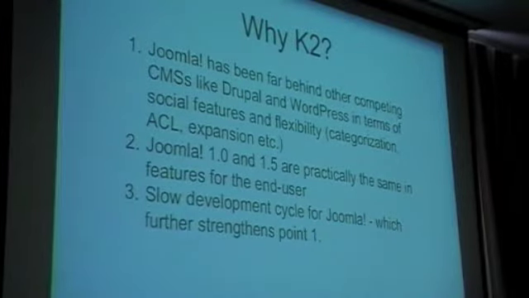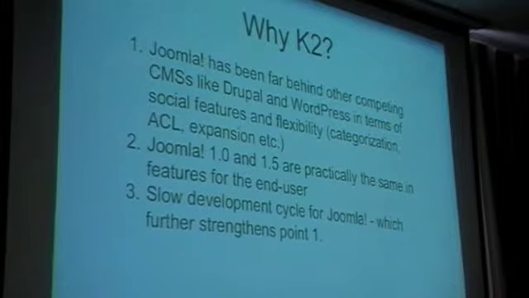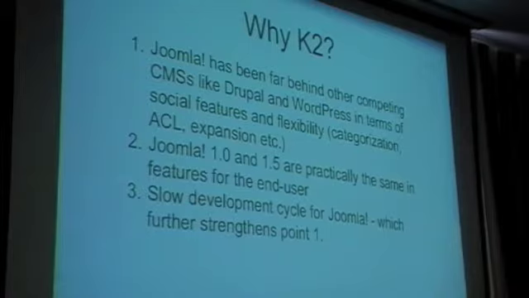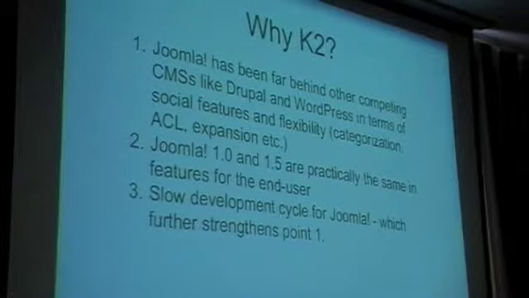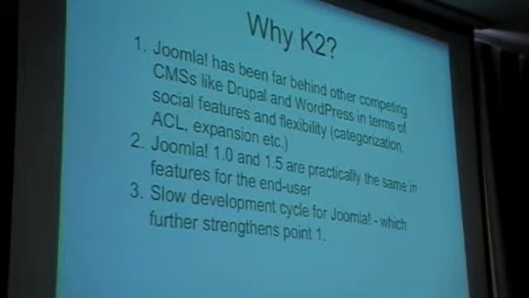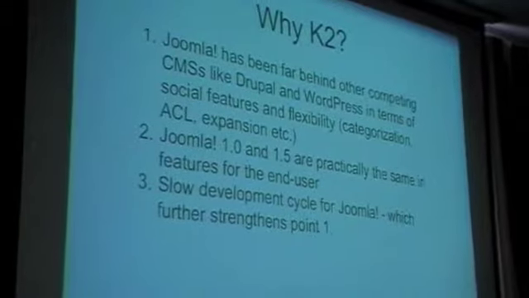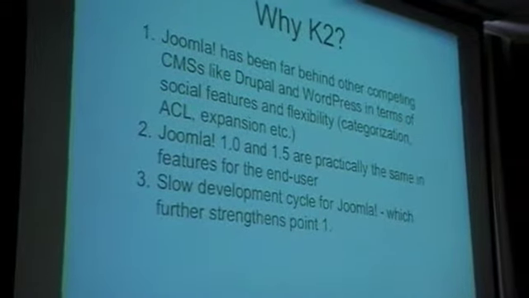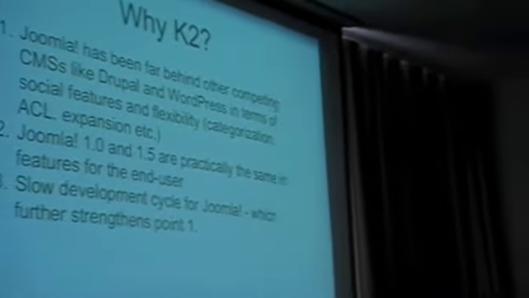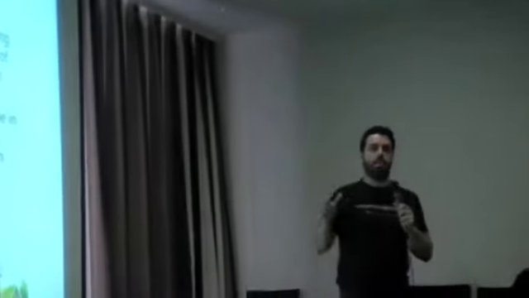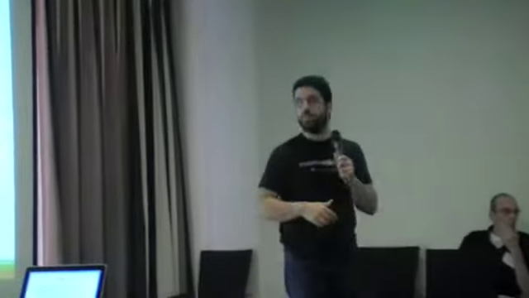The expansion is also different. You can use, for example, Drupal to extend the forms, which is something that Joomla cannot do. And you can do that with WordPress as well. So all the things that are missing from Joomla and that exist on these two popular platforms have been merged within K2.